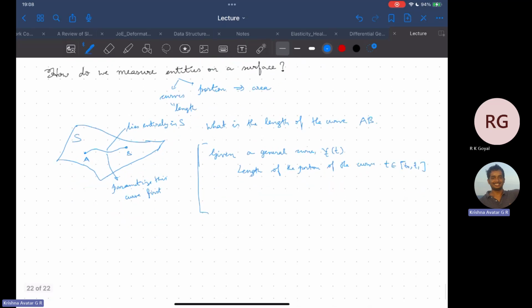Then we saw that first of all, we need to find the tangent vector, take its norm, multiply with the small increment dt, integrate it from t0 to t1. And this gives us the length of the portion of the curve. This we recall very well.